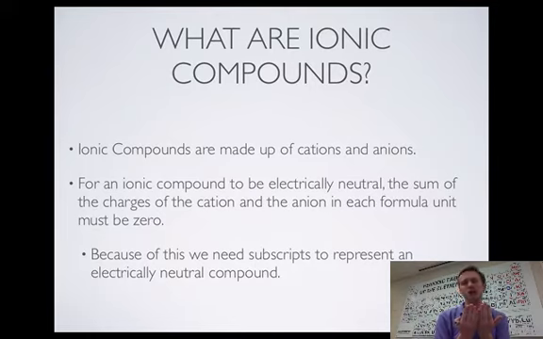However, sometimes things don't have the same charges, but the sum of the charges of the cation and the anion in each formula unit must be 0. So I must have a certain number of cations and anions to make sure they balance out and my compound has a neutral charge.